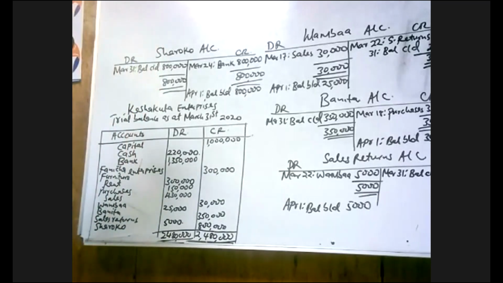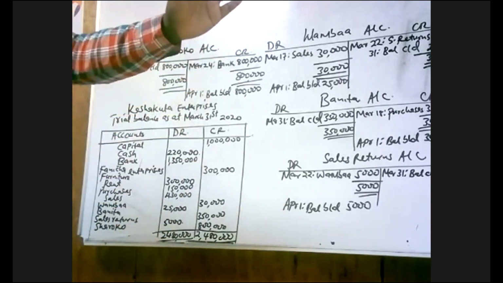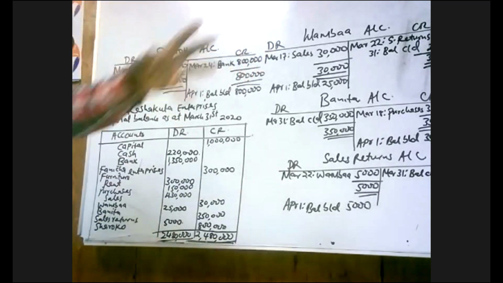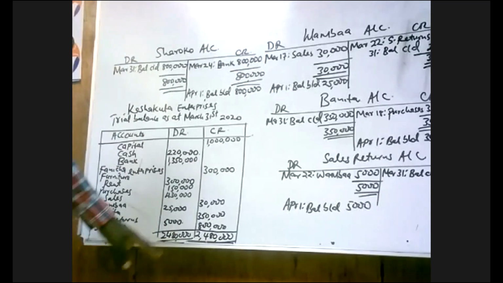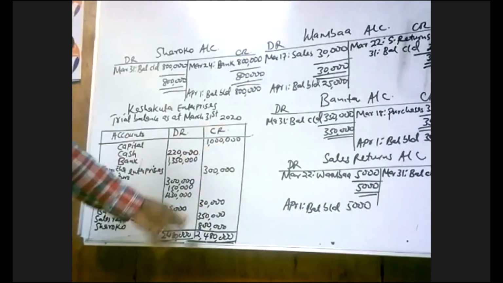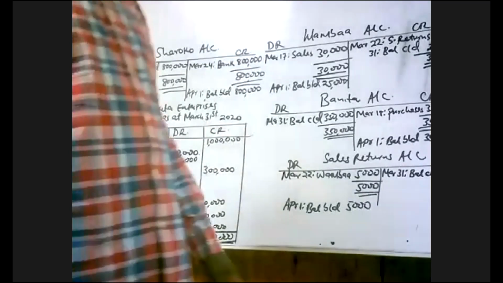If whatever you have been doing, from posting the transactions in the ledger accounts to balancing, has been well done, the total debits and the total credits should be the same.